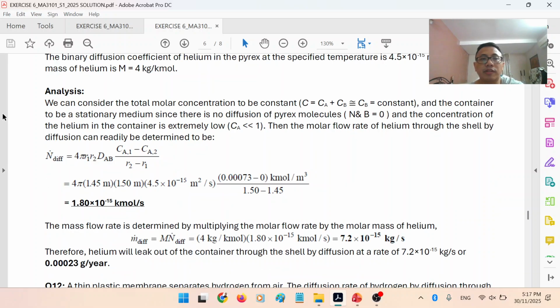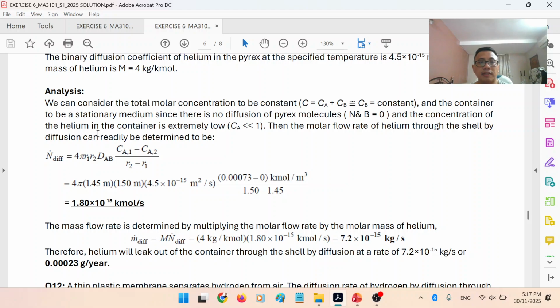When I consider the total molar concentration to be constant, C equals Ca plus Cb, approximately Cb, equals constant.